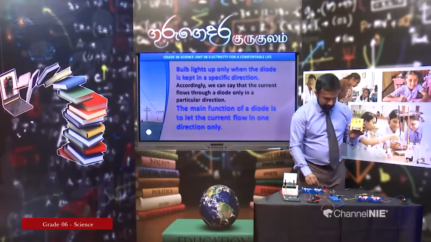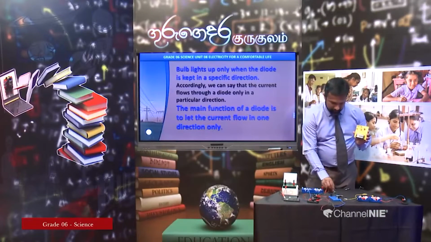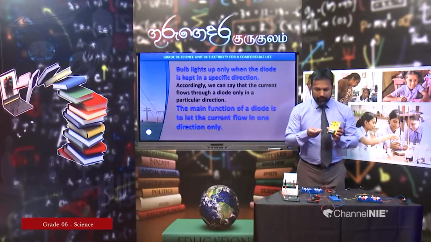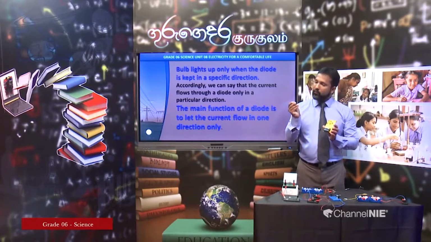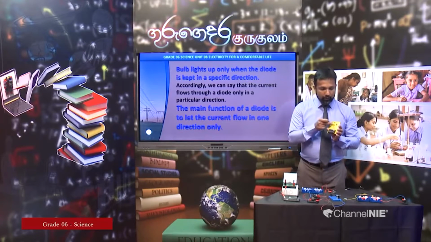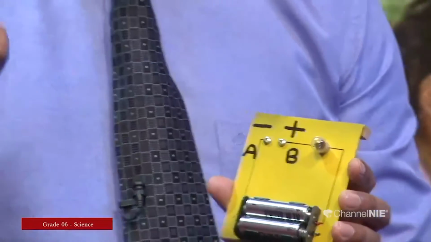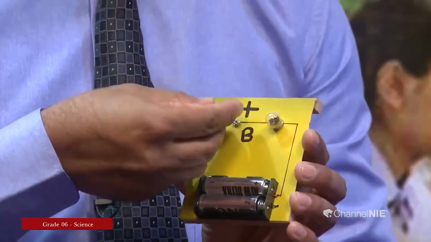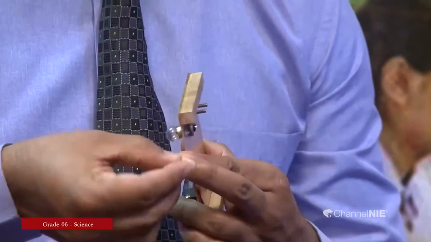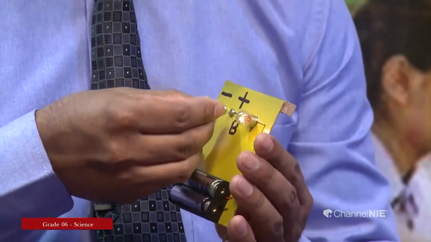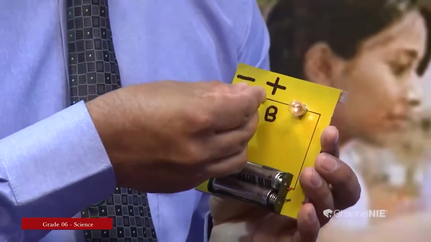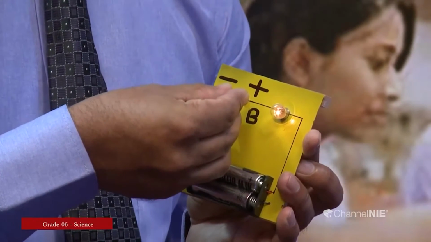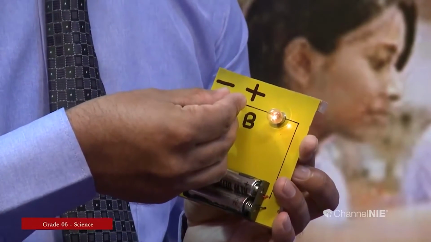I am going to keep the diode between A and B. At first, I am going to keep the positive side of the diode to the positive side of the battery, and the negative side of the diode to the negative side. Now you can see the bulb is glowing. Bulb is glowing means current passes through the diode.